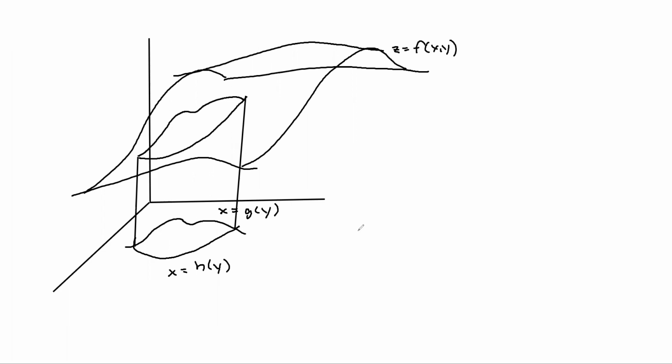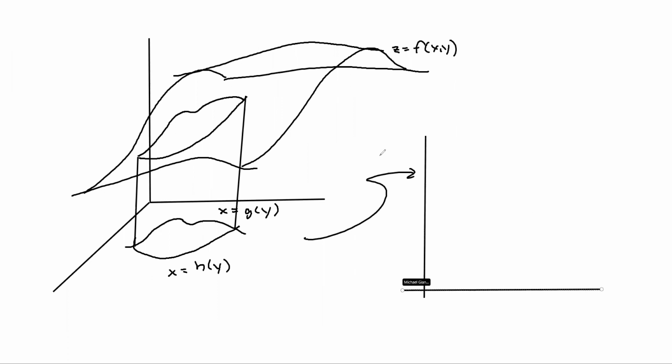Now if you took this and were to draw it in two dimensions, what does it look like? This piece here, x equals h of y, becomes the right side. And then this piece becomes the left side.